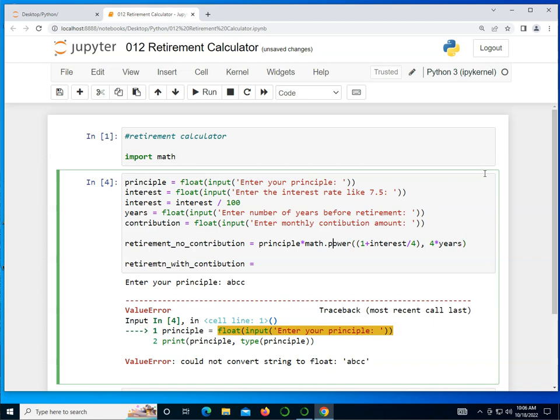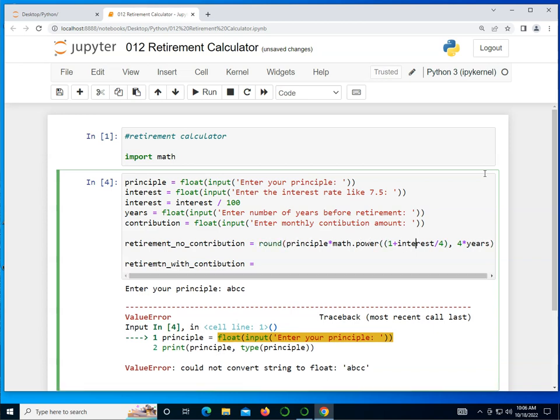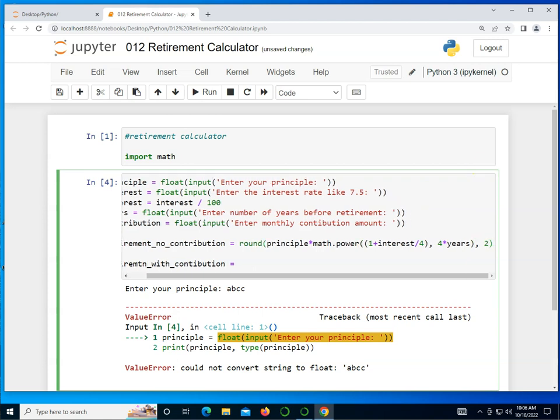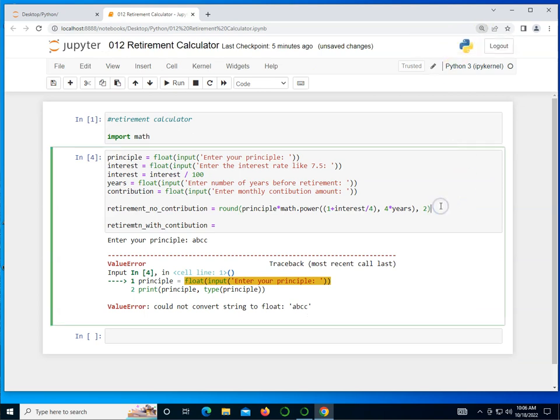As I would like this to be rounded, I can put the round function and round this to 2 decimal places, like that. Because of my zoom, let me change this down one notch. I think you can still see this just fine.